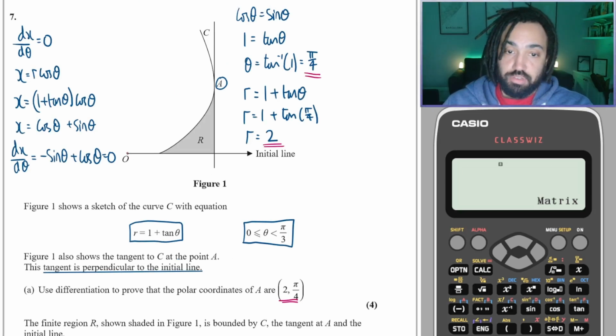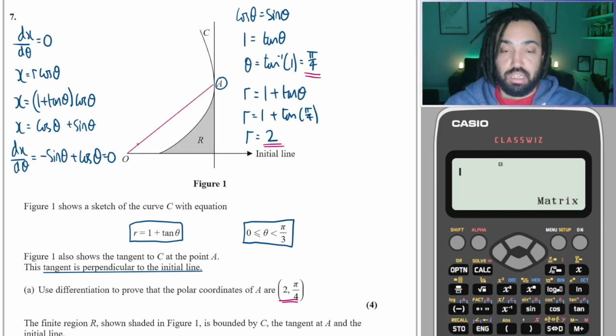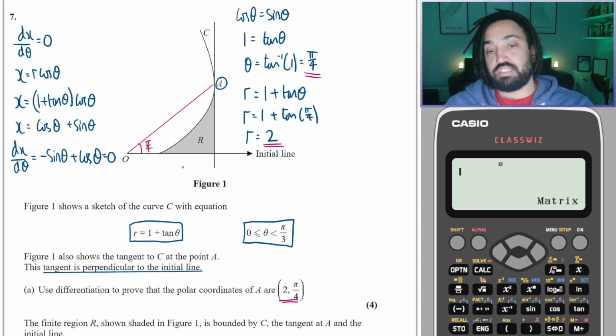Well, first off, from the origin to A, we know that this angle in here is pi over 4. We've just proved that.